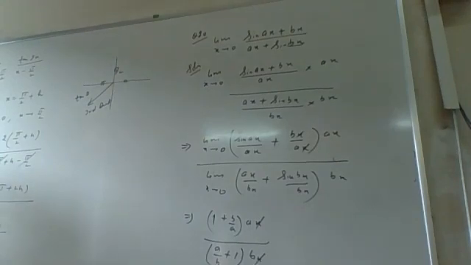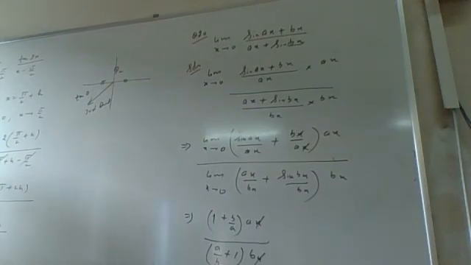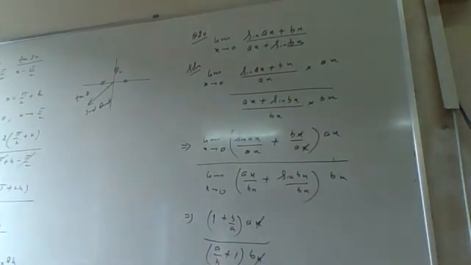So limit h tends to 0, tan 2h divided by 2h multiplied by 2. X is already there, divide and multiply by 2. So which implies limit 2h tends to 0, tan 2h upon 2h multiplied by 2. So this is 1.